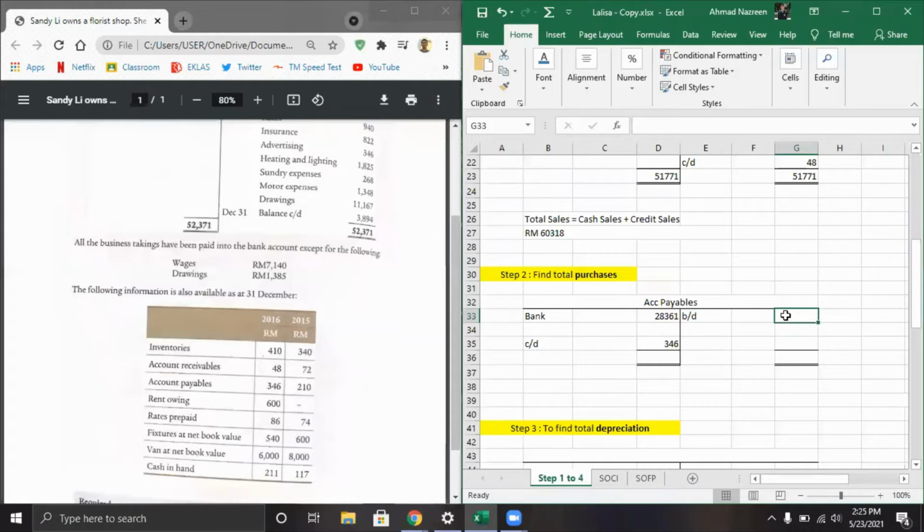The value for b/d is 210, and for the credit purchases is 28497. Total purchases is 28497.